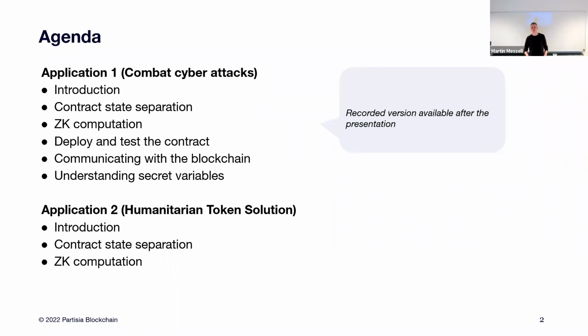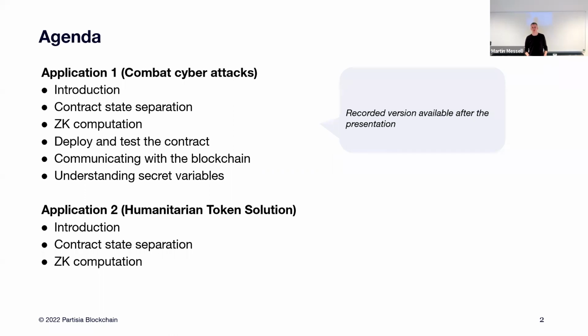Application 1, which combats cyber attacks, and application 2, which is a humanitarian token solution. I will introduce the two applications, what it is they do, what problems they're trying to solve, and then I'll go through contract state separation and CK computation, so how to define the contract state and the zero knowledge computation itself.